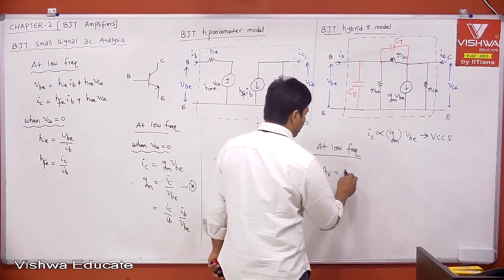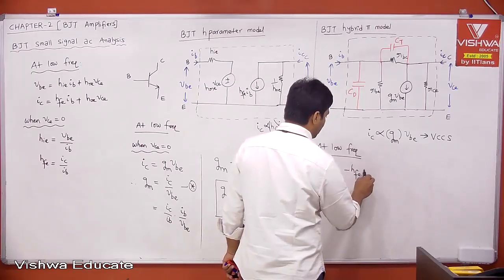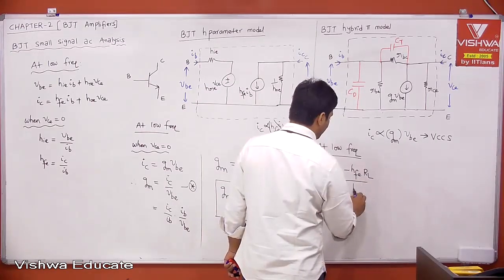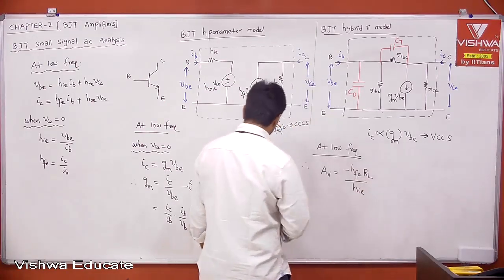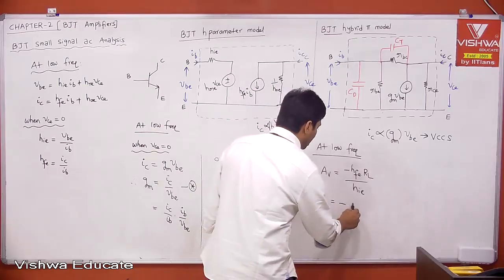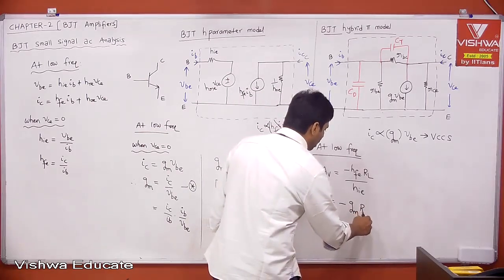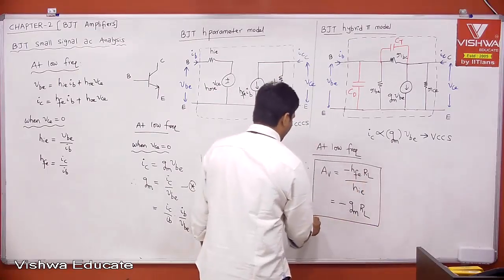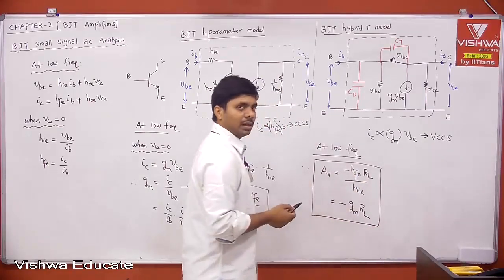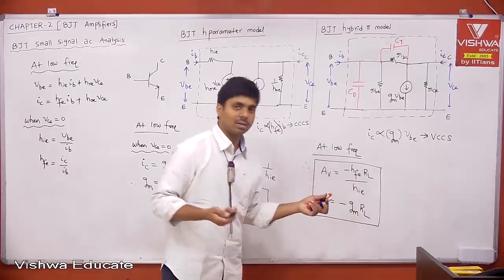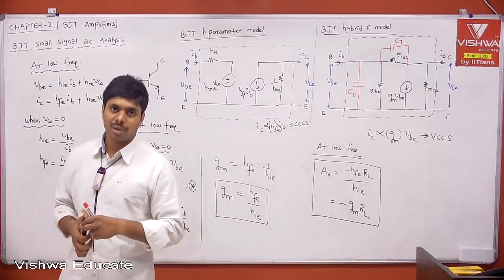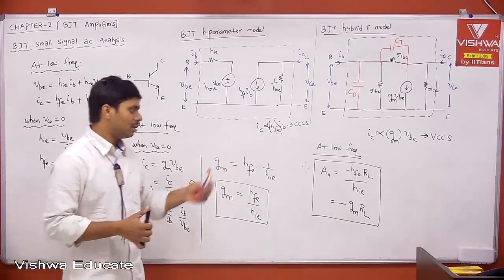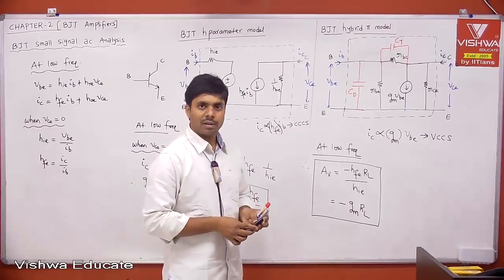AV is equal to minus HFE into RL divided by HIE. But what is HFE divided by HIE? It is GM, so AV is minus GM into RL. Therefore, you can use either of these two. If H parameters are given, you can use them. If GM is given, you can use it. Anything is fine.